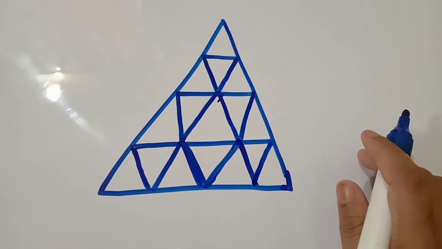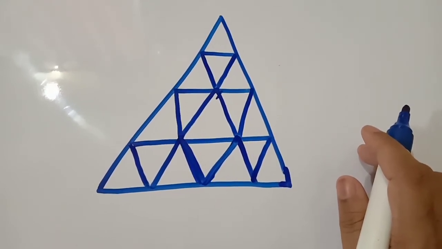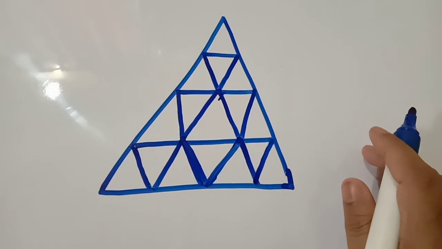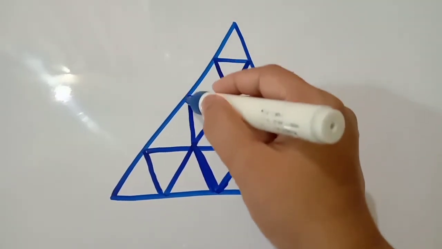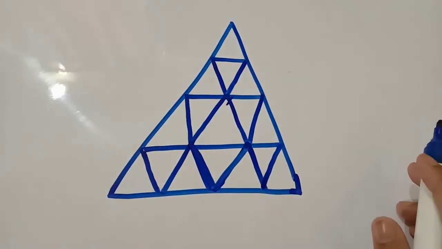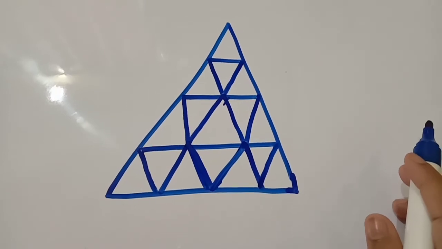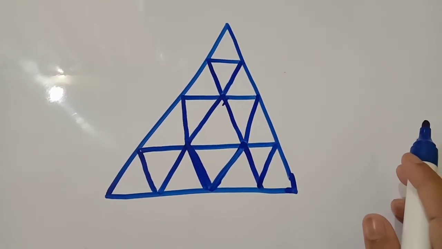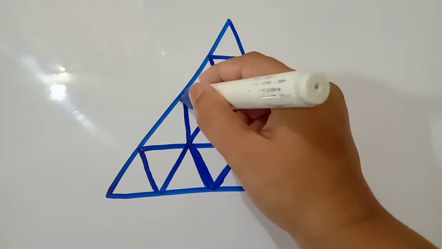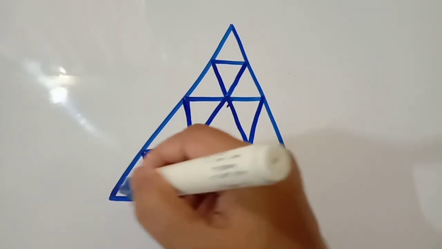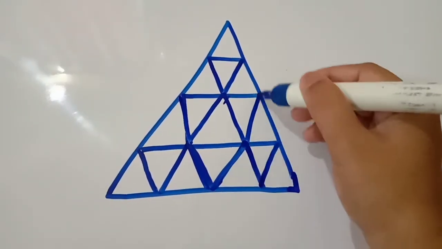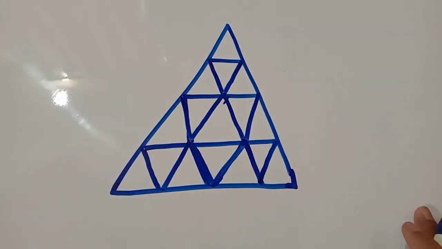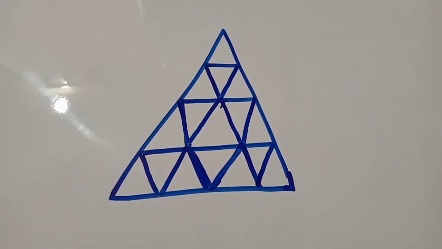We can find more. Okay, let's search for more triangles there. This is 21. This is 22 and 23. So we found 23 triangles.